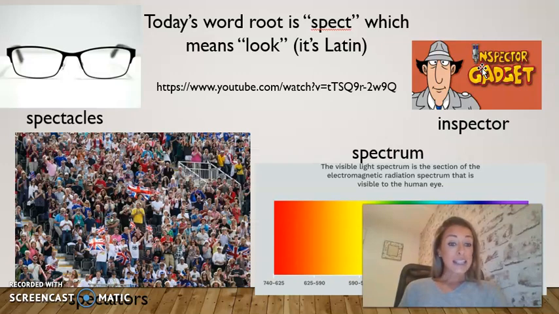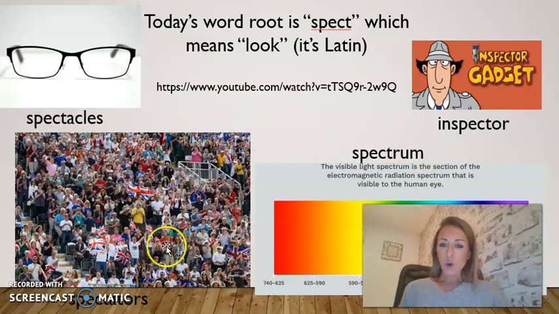So we have police inspectors, and it is their job to look very closely. Inspectors look very closely at a crime scene to see if they can figure out what has gone wrong or who the criminal is. And that's what Inspector Gadget used to do. He used to inspect different things. So when you inspect something, it means you look very, very closely.